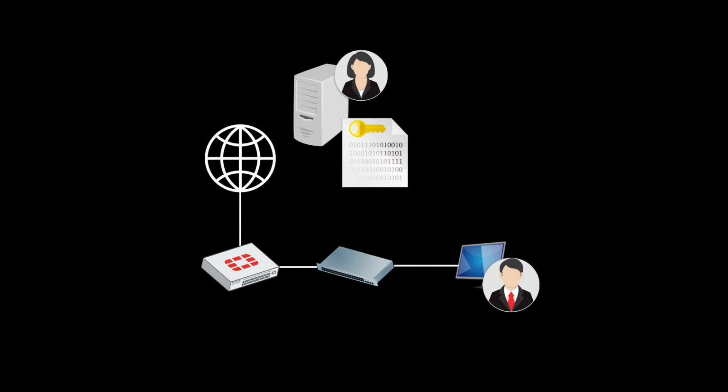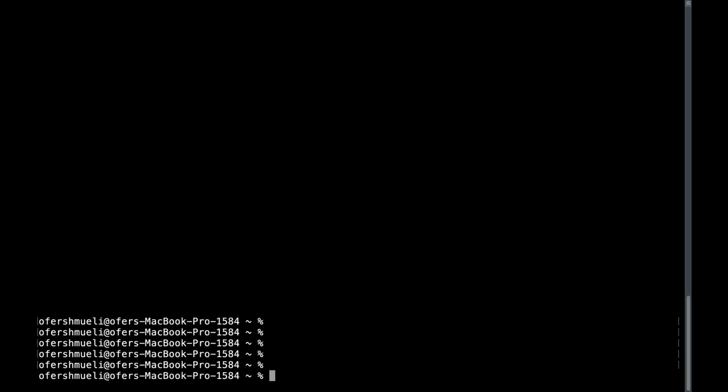When Eve encrypted her message, she actually used symmetric encryption, and the key that was used by the algorithm was known also to Bob. Let's just take a look at the terminal, and let's just make it bigger, and let's generate a random key.